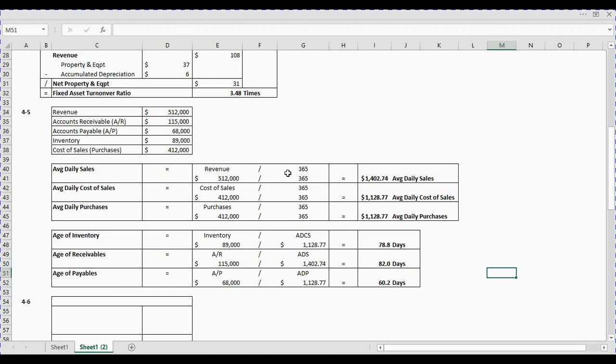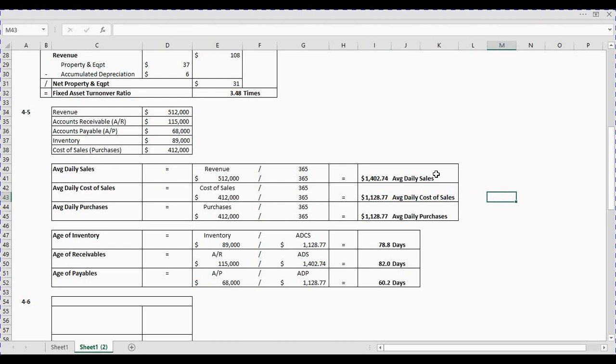So we've got these ratios, and we can see that we want average daily sales to be increasing. If this number is increasing, we would expect that average daily cost of sales is also increasing. But if it's not increasing as fast as the daily sales amount, then that means I'm able to increase my selling price, right?